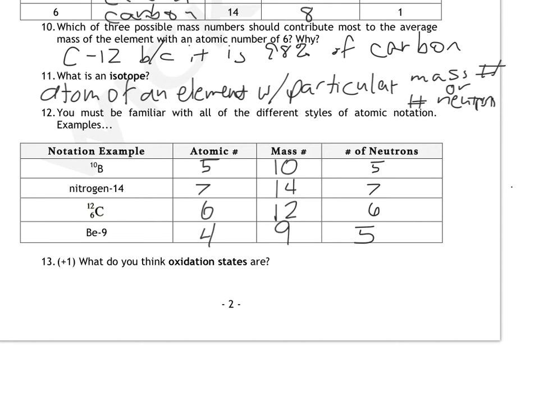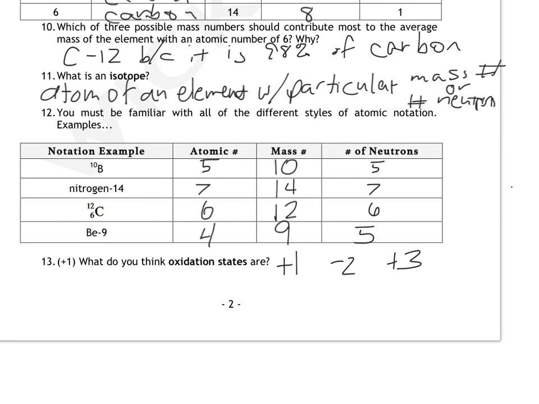Okay, so oxidation states you'll be able to find in the key on your reference table. And examples of oxidation states are just integer numbers that can be positive or negative. Like, for instance, +1, -2, +3. Those are all examples of oxidation states.